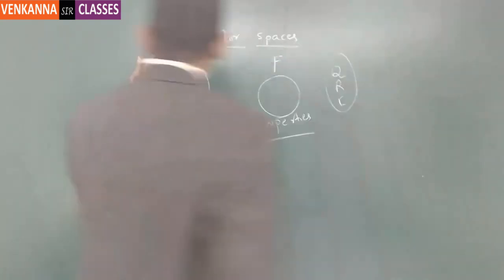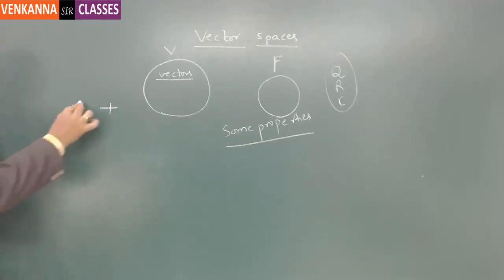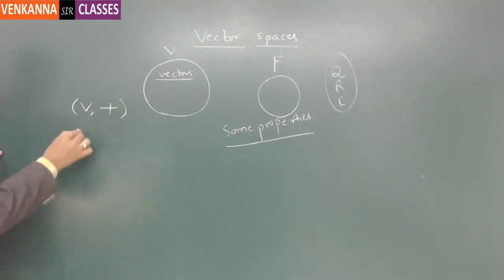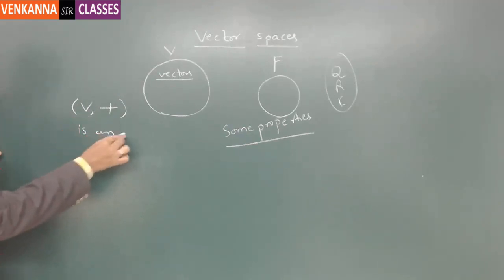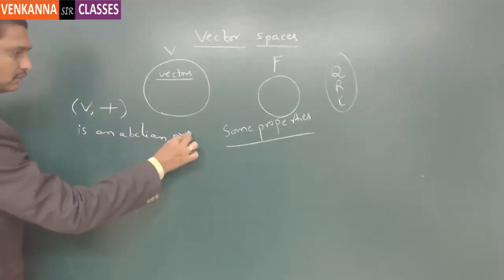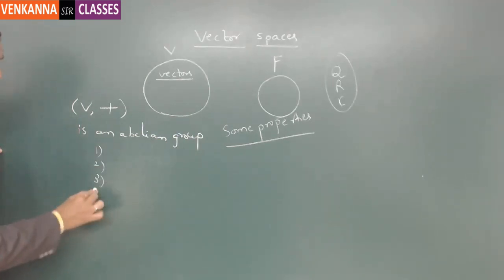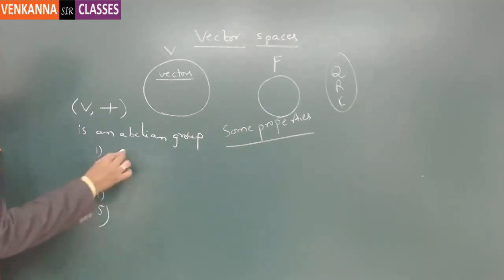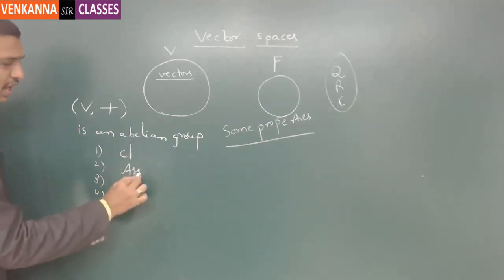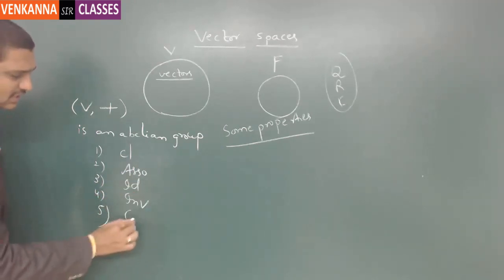On the set V, I will take the operation plus and I will check whether V comma plus is an abelian group or not. So what is meant by an abelian group? It is satisfying the five properties as I mentioned earlier: closure, associative, identity, inverse and commutative.